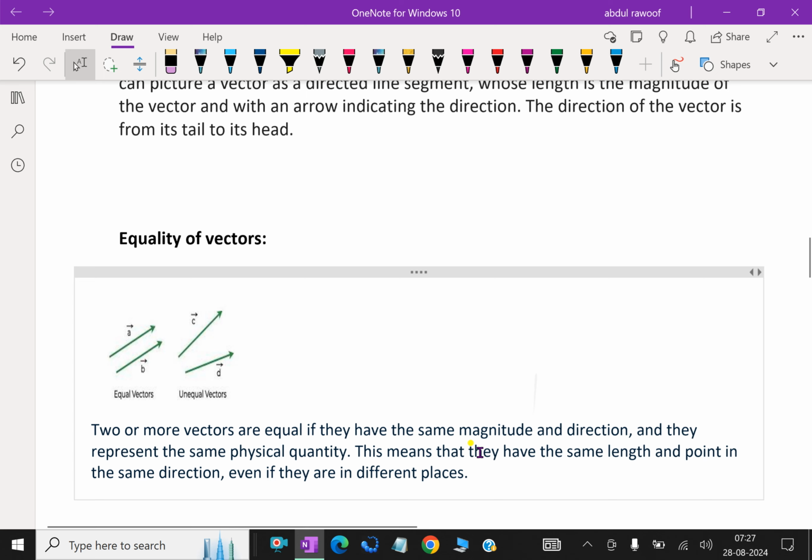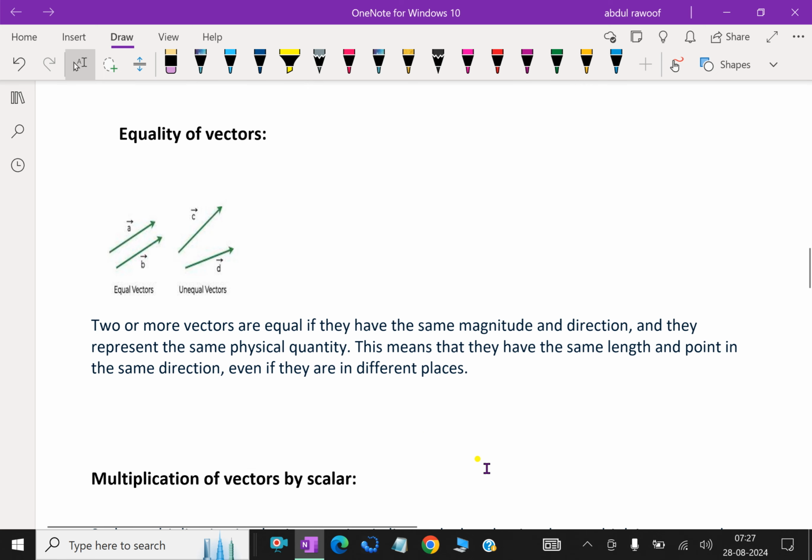Now, equality of vectors. Two or more vectors are equal if they have the same magnitude and direction. Like here, vector A and vector B are equal vectors because they have the same size with the same direction. But here, these are unequal vectors because the direction of vector C and the direction of vector D are different.